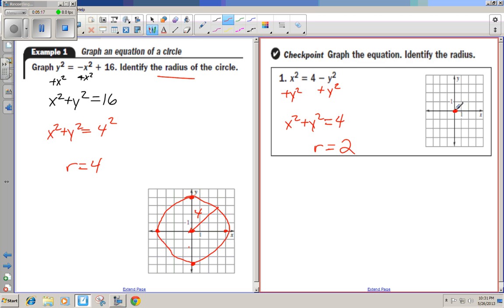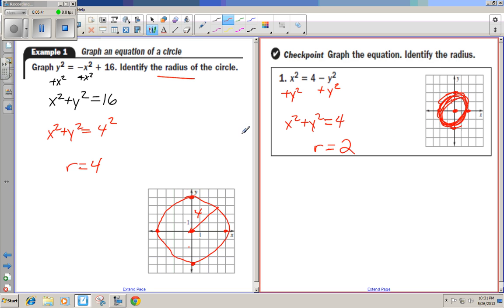All of these standard ones go through 0, 0. There is a way to make it not be 0, 0, but just worry about this for now. 0, 0, radius of 2 in every direction. And draw the best circle you can going through all of those points.